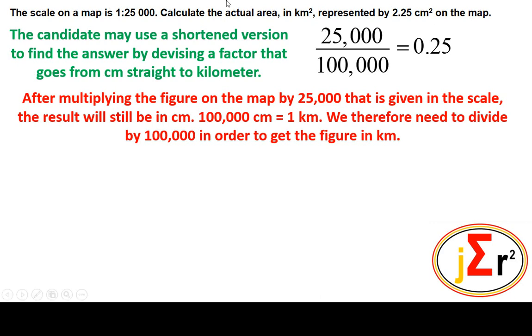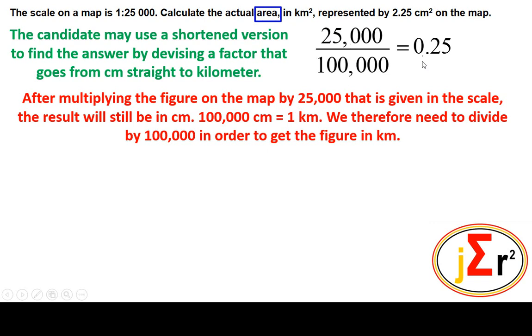That's what we have depicted here. The intention is to convert to actuality by multiplying by the factor of 25,000 that is given. But when we do so, the result is still going to be in centimeters. To convert to kilometers, we divide by 100,000. 0.25 is the result, and this single figure will do the entire thing in one step.